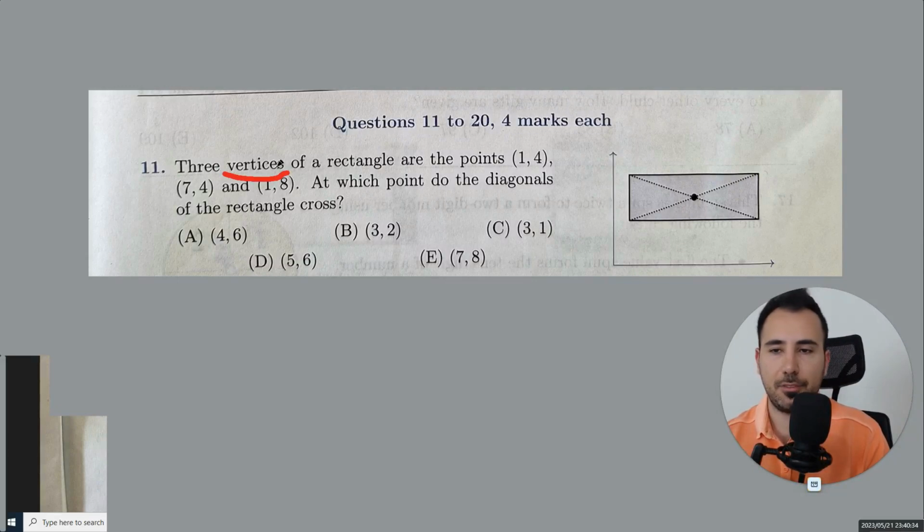I have a lot of Chinese students. So they would have problems with the words vertices and diagonals. So vertices are the points. Diagonals are these two. Okay, and of course they cross, they intersect at this middle point.